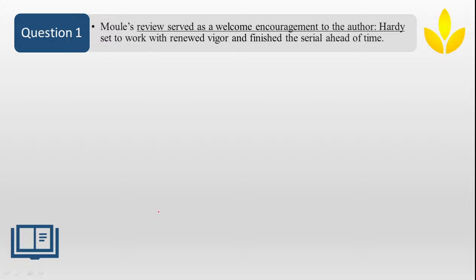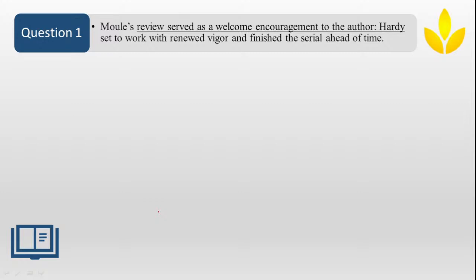So sentence correction will be asked in this format, where you have to replace the underlined error, or you have to check whether the underlined part in the sentence contains any error. So here, review served as a welcome encouragement to the author Hardy.